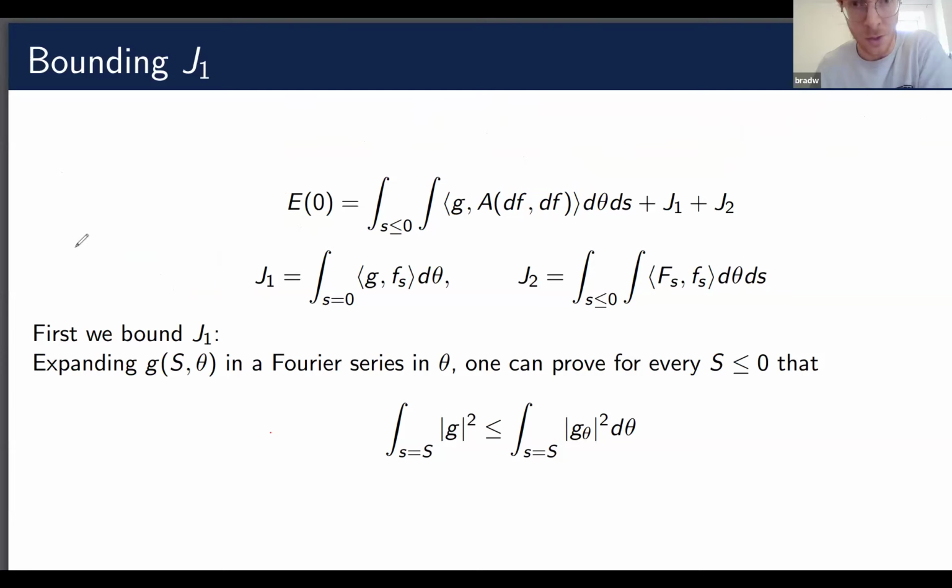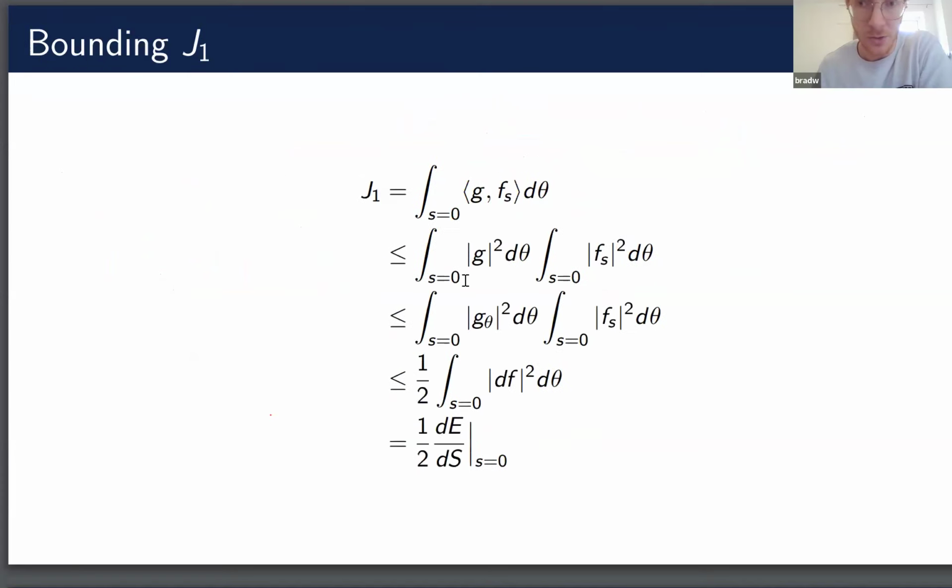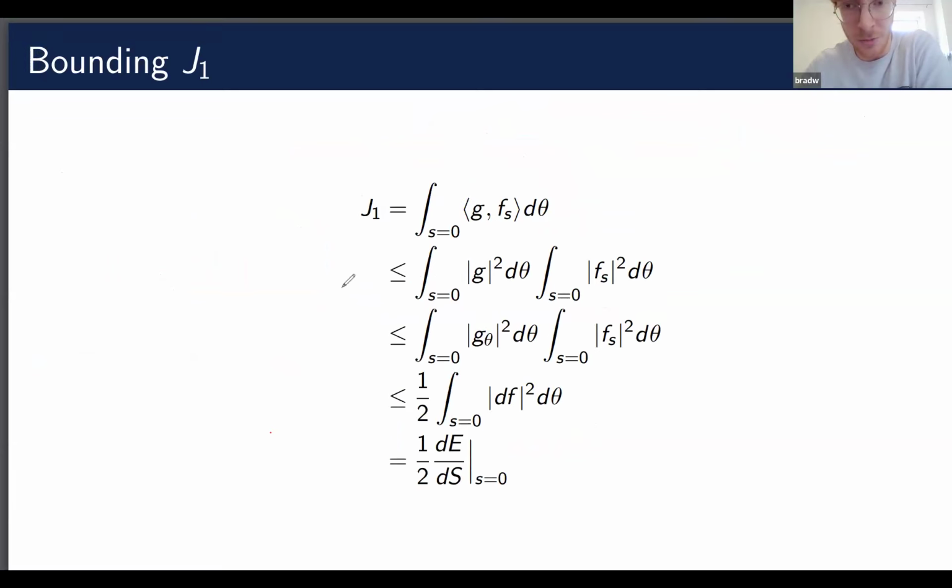So let's use this inequality, and we're bounding J1, which is this boundary term. Here's J1, and then we use Cauchy-Schwarz, and then we use this Fourier inequality, which we just proved. G theta is the derivative of G with respect to theta, and we know that F of S is constant in theta, so this is just equal to F theta. So we're using that here, as well as the AGM inequality.